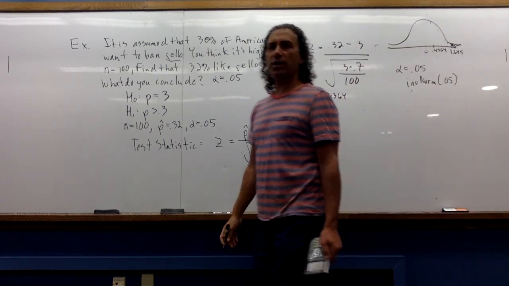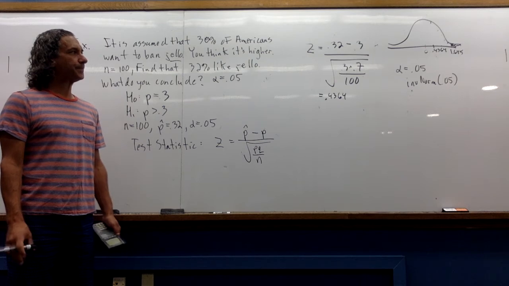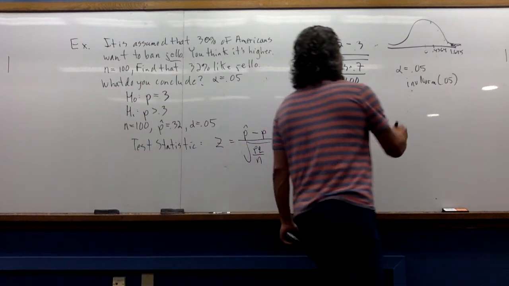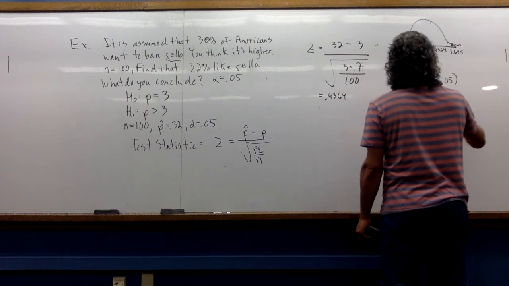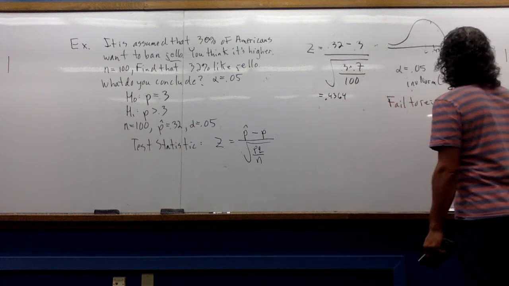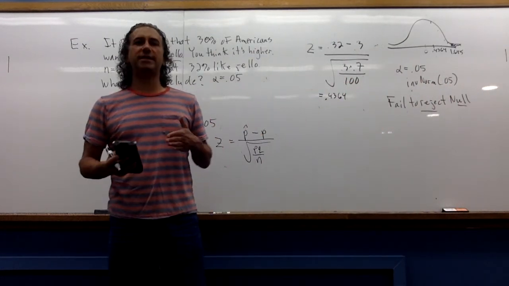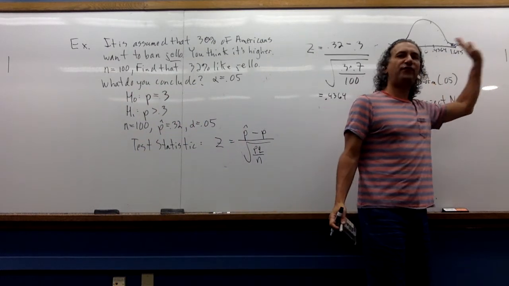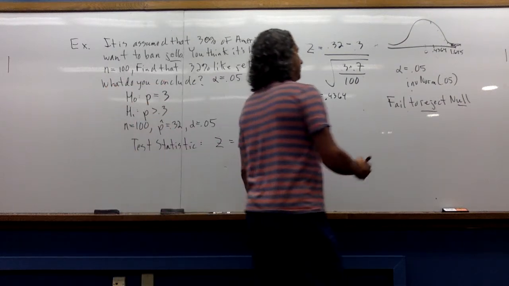So looking at our picture, would you reject the null or fail to reject the null? We would fail to reject the null, because 0.4364 is close to 0 in terms of how we define it. 1.645 is far from 0. Let's report the p-value.